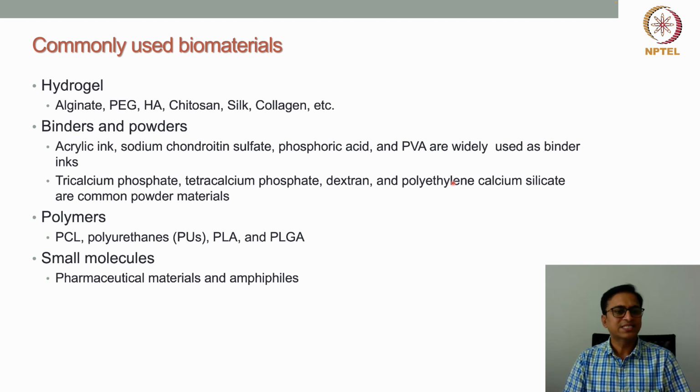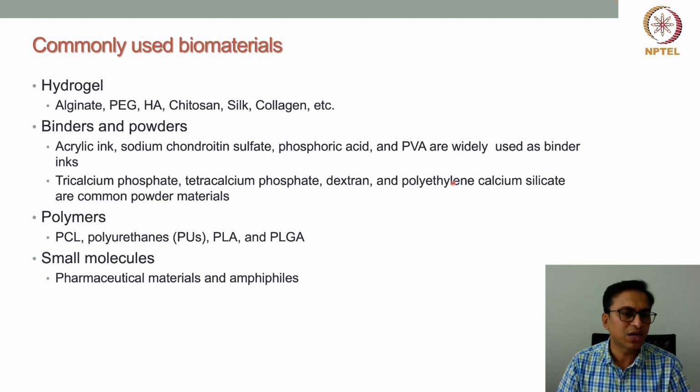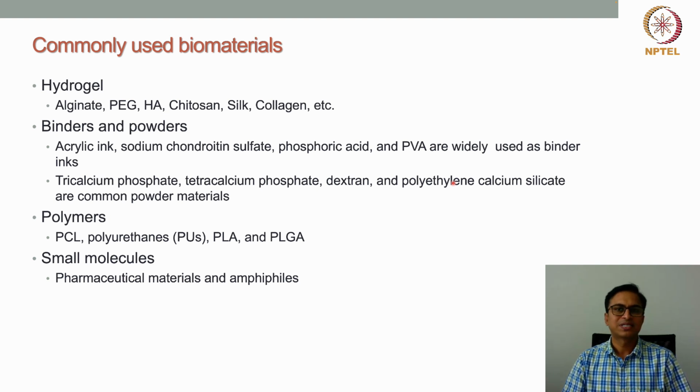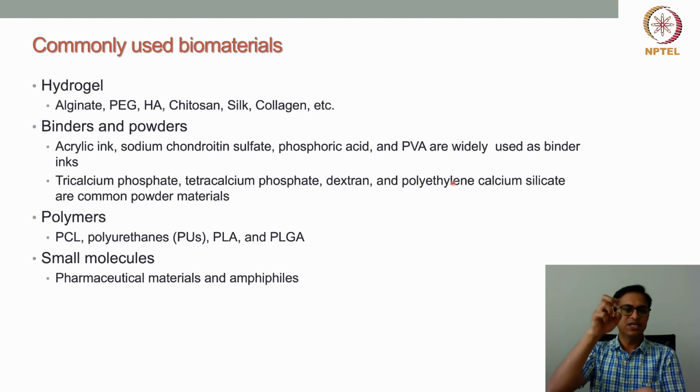Right? The next class of materials are the binders and powders. This inkjet printing technology can also be very well used for making structures with a powder bed. Suppose we make a powder bed first, and then with the inkjet printing head we spray the binders. When the binders come out of the nozzles as droplets, those droplets will go and stick to the powder bed, and there we control their positioning.